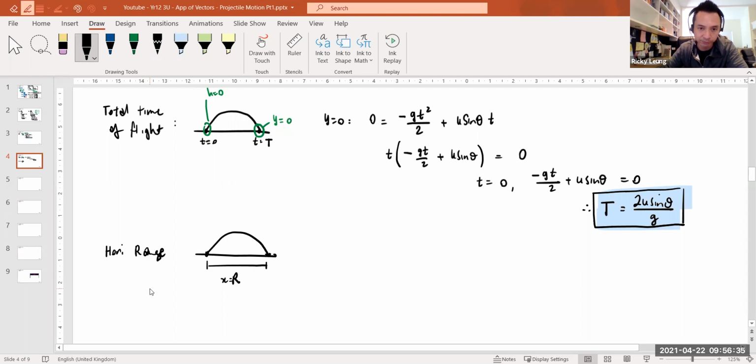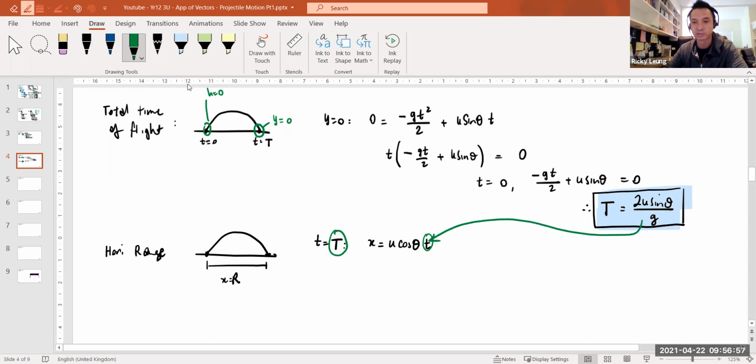So I know that when t equals capital T, the horizontal displacement formula is u cos theta t. So I'm just going to replace t with capital T, and I know that capital T, the total time of flight, is this guy. Sub the total time of flight into the horizontal displacement, and you should get it.